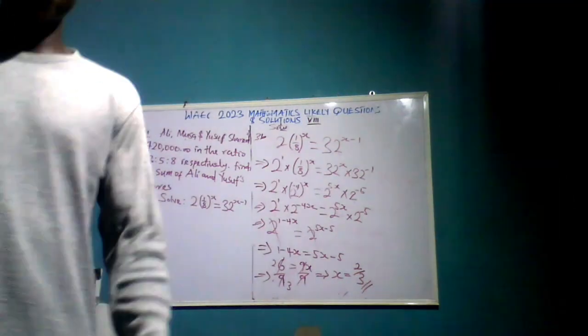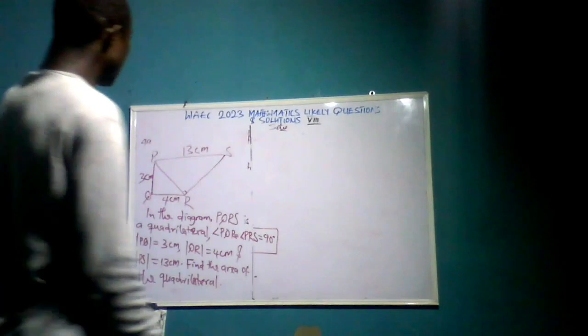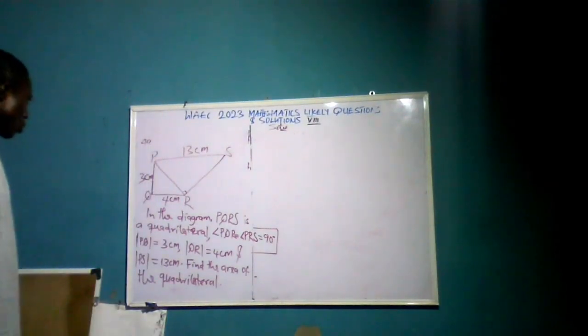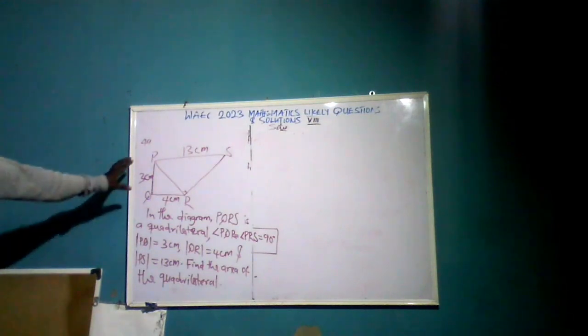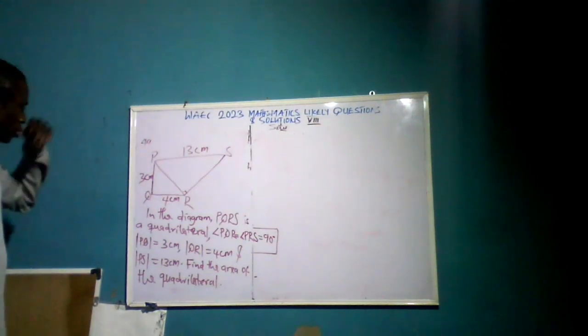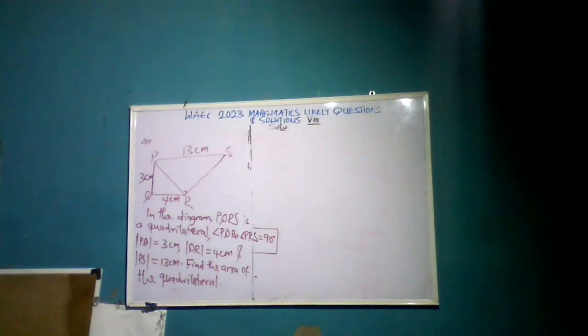That will be question number 4a. Now let's take question number 4a. In question number 4a, we are given this shape, and the question is stated as, in the diagram above, PQRS, that is this shape, is a quadrilateral. And in it, angle PQR is equal to angle PRS.